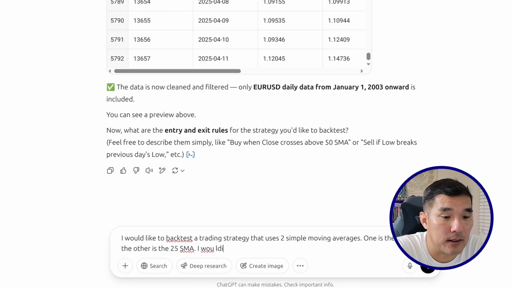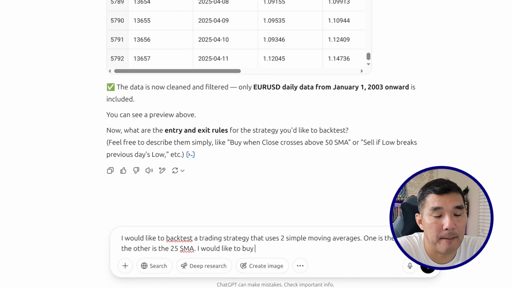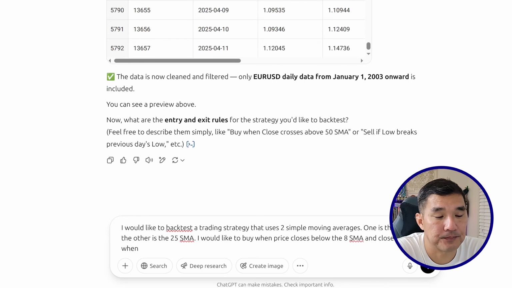I would like to buy when price closes below the 8 SMA and close the trade when price closes above the 8 SMA.